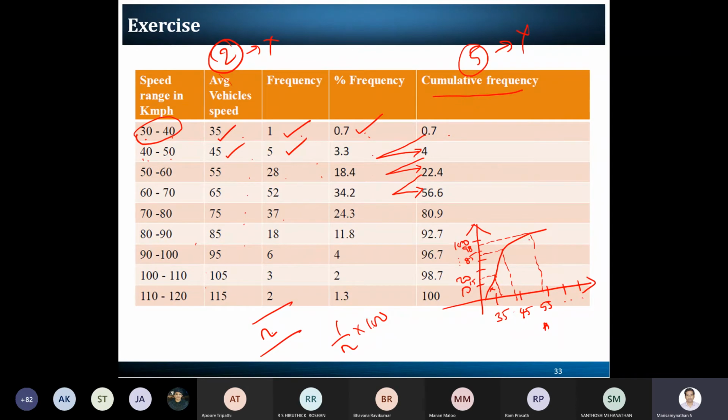Plot the S curve and estimate the 15th, 85th and 95th percentile. The point where it meets the x-axis will be the respective speed. So this is the way we can estimate the speed of the vehicle for your design problem.